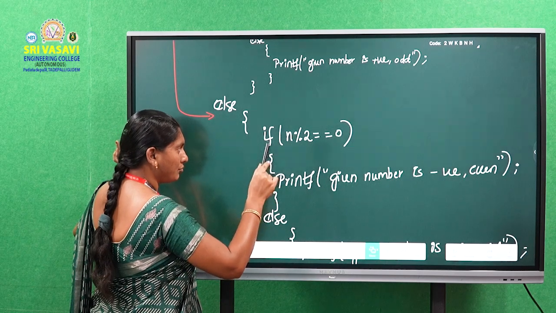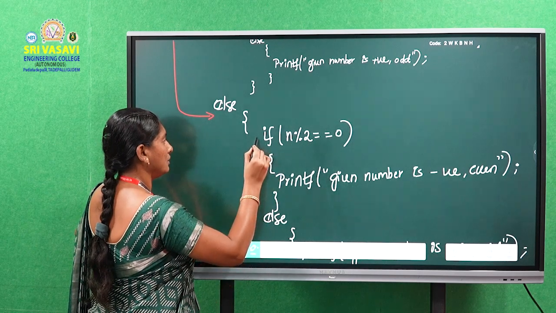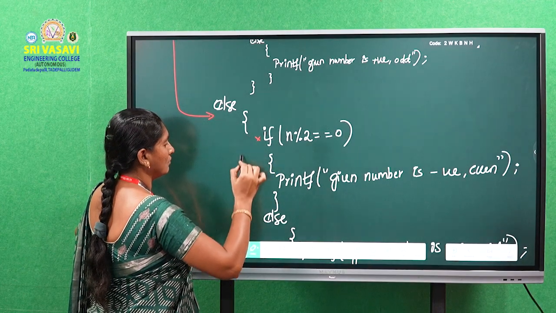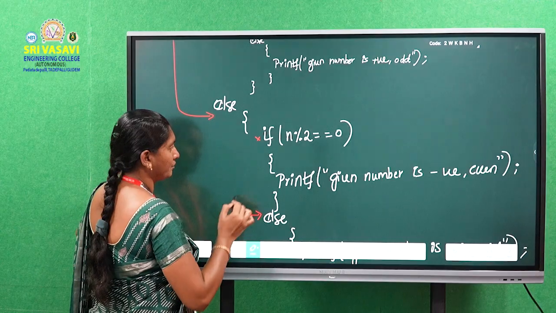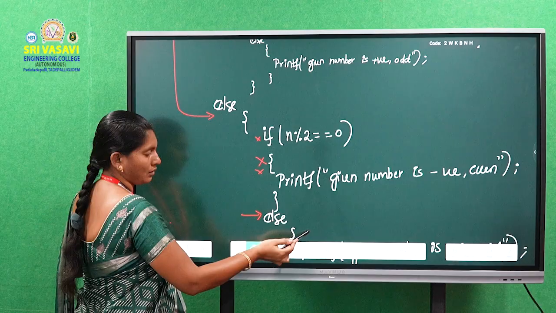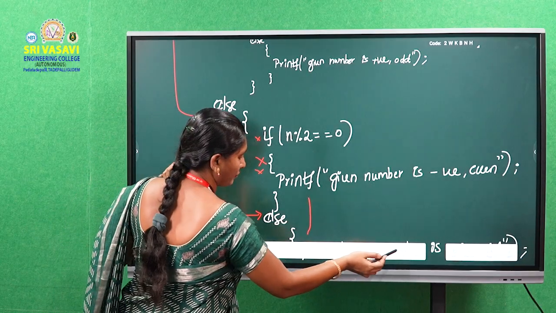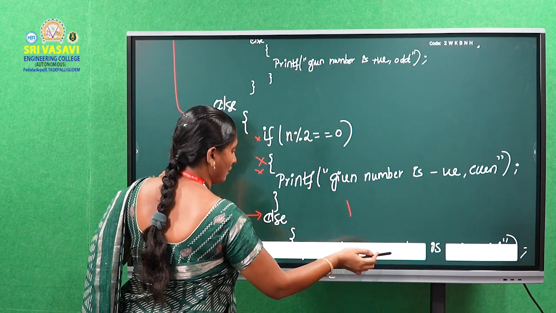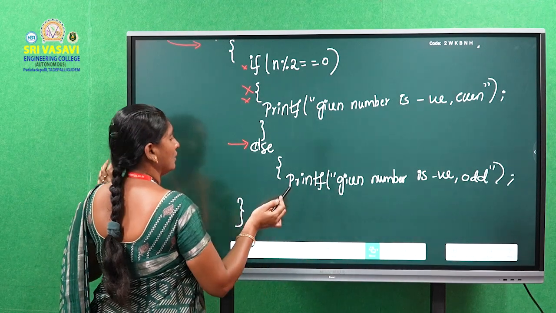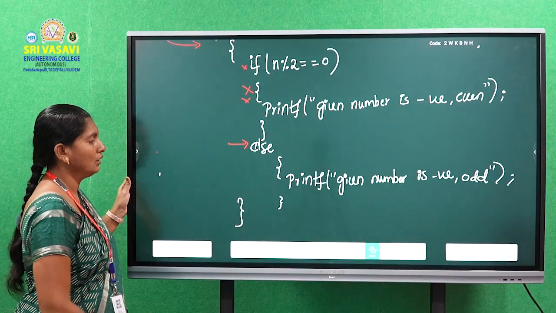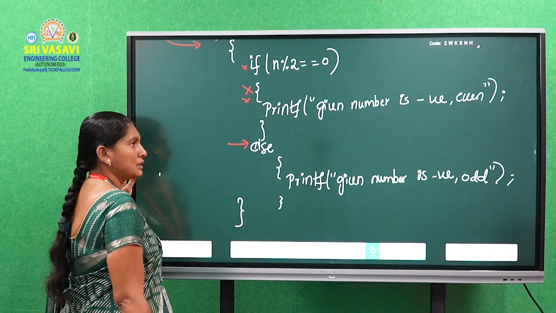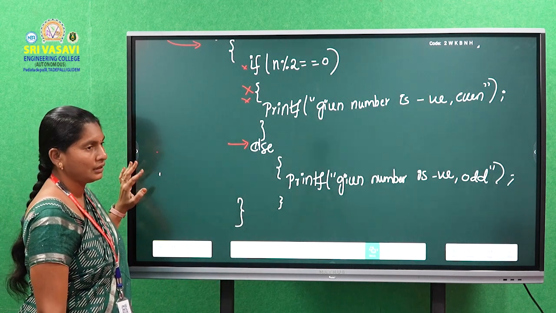If this condition fails, that means this if fails, then from else we will come in here. It won't enter into this if. So directly we will execute the statements which are there in the nested else. So this is the way how we can use nested if or nested if else.